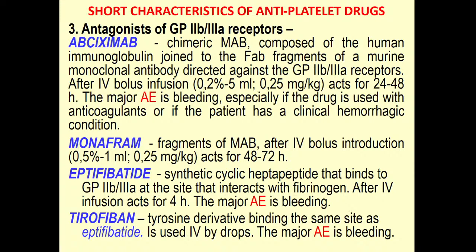So this is a chimeric monoclonal antibody composed of the human immunoglobulin joined to the Fab fragments of a murine monoclonal antibody directed against the GP2B3A receptors. After intravenous infusion, the agent acts for 24 to 48 hours.